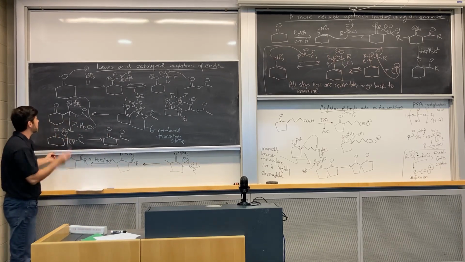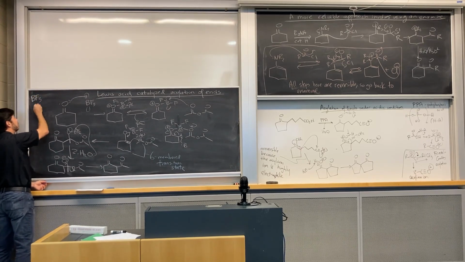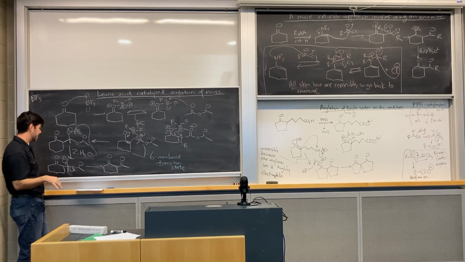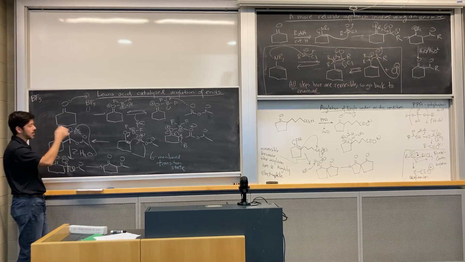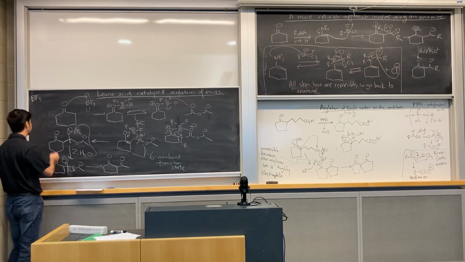And just some other things I'll write just to be clear. So the BF3 is really interesting because it's a Lewis acid and it coordinates to both the nucleophilic enol and the acylating agent. And through that six-membered ring transition state, this type of reaction can happen.